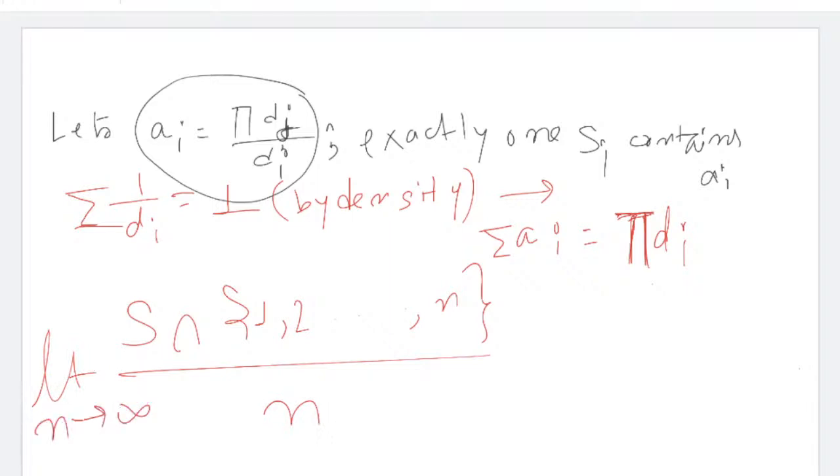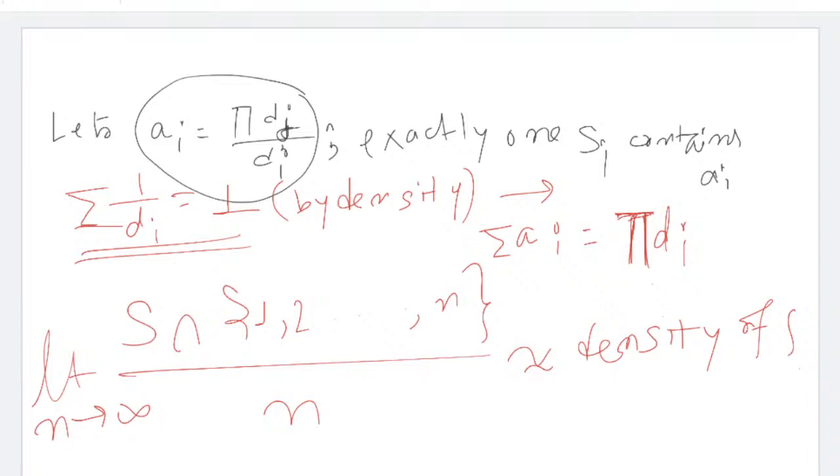So this is basically the density of S. I think we should try something simpler before doing all that. No, this is quite elementary. It basically tells you what fraction of the first n positive integers, for a very large n, the set covers.